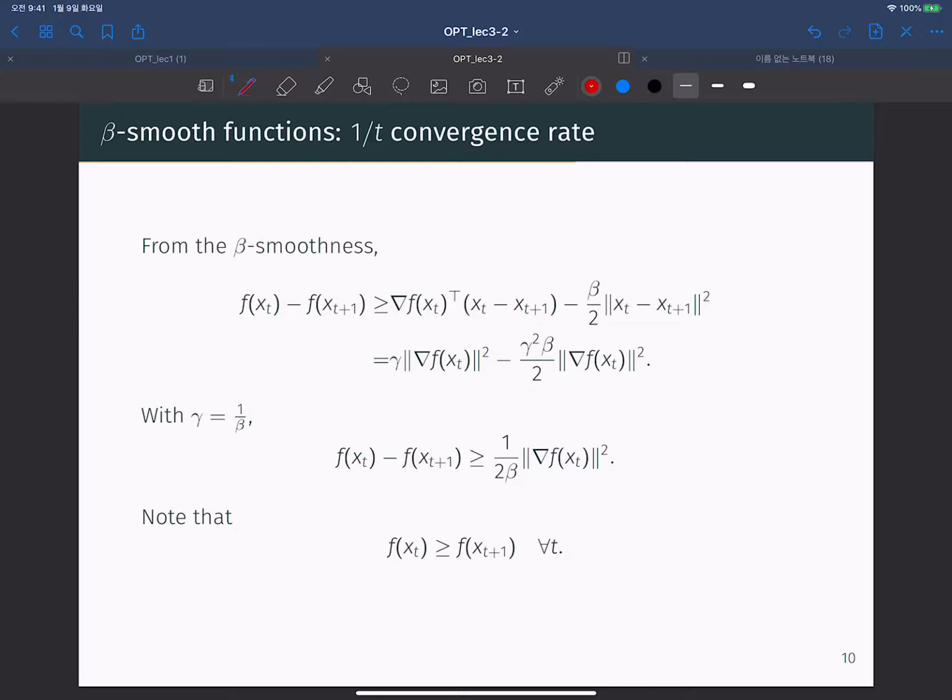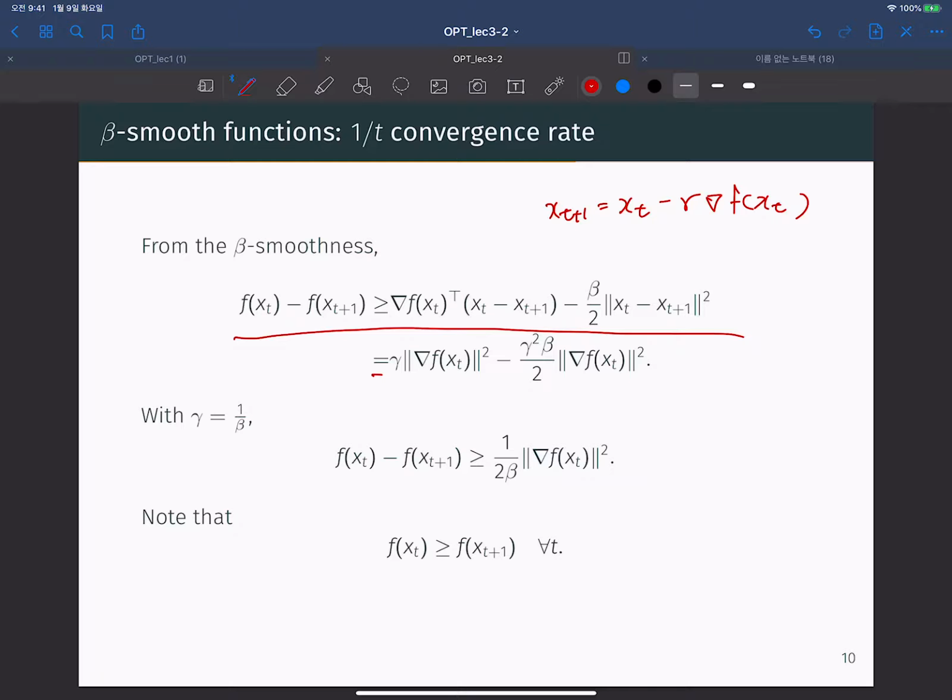Right, so from the beta smooth property, this is the definition of beta smoothness, which we already discussed in the previous video, I think. And this equation just uses the definition of gradient descent, x_{t+1} is equal to x_t minus gamma gradient of f(x_t), right? So we just replace x_t minus x_{t+1} by gamma times gradient f(x_t).